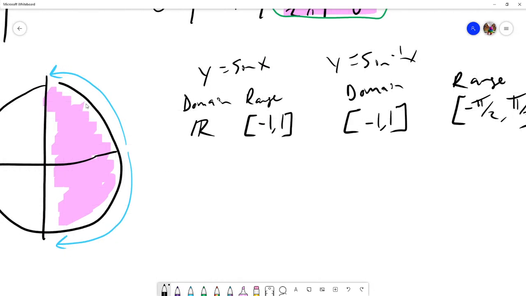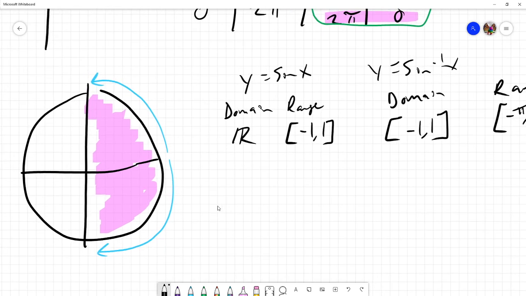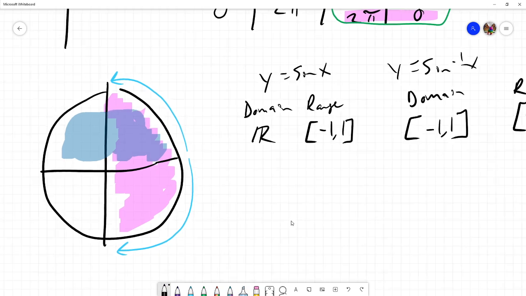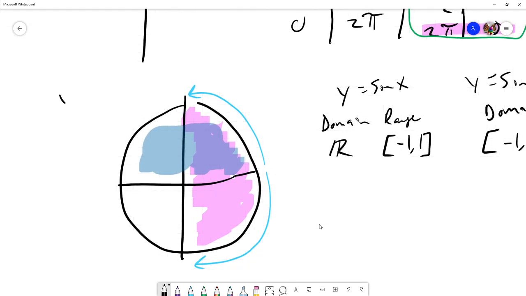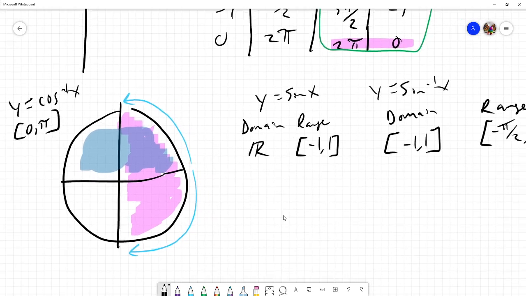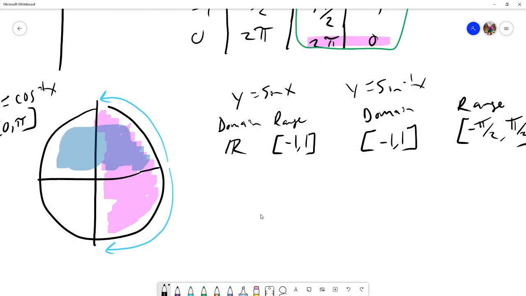Visually speaking, the range of arcsine is the right half of the graph. And if we think about arccosine, to recall from before, arccosine was the top half. So y equals arccosine x had a range from 0 to pi. All right. And with that, we can conclude our discussion about arcsine.